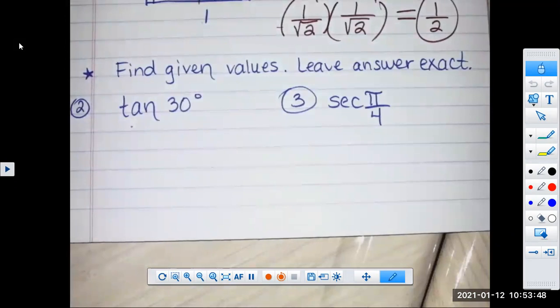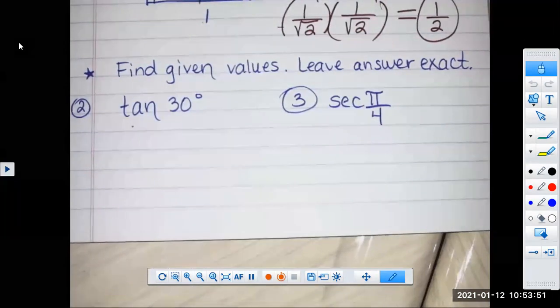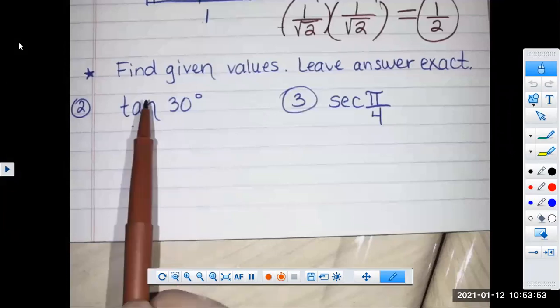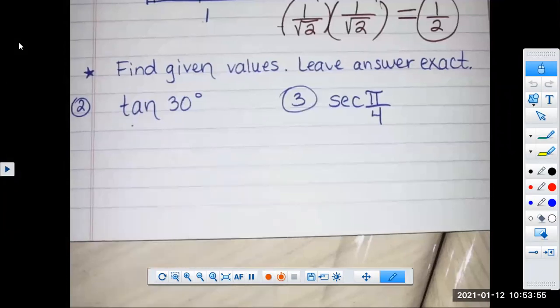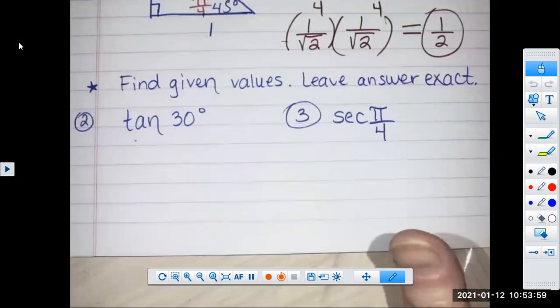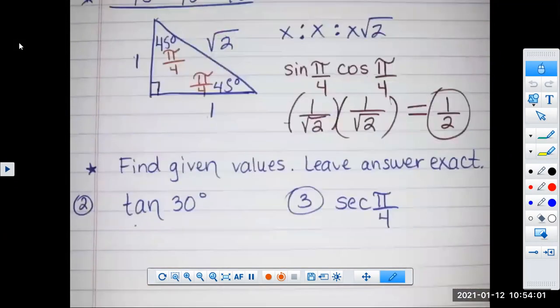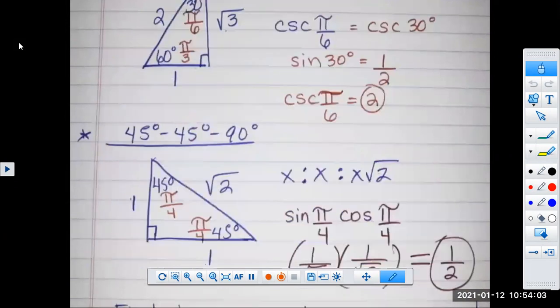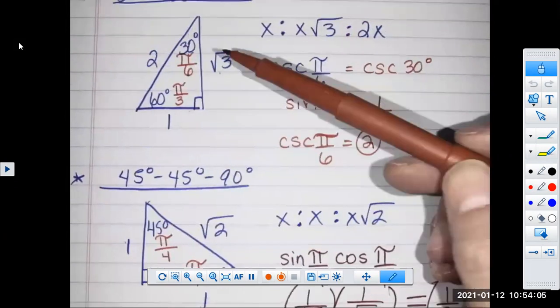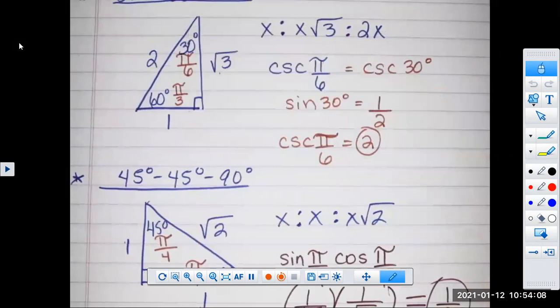Okay, use your special right triangle values and give tangent of 30 degrees and secant of pi over 4 in exact form. So going back up to your 30, 60, 90, tangent of 30 degrees is opposite over adjacent. So what's the tangent of 30 degrees?